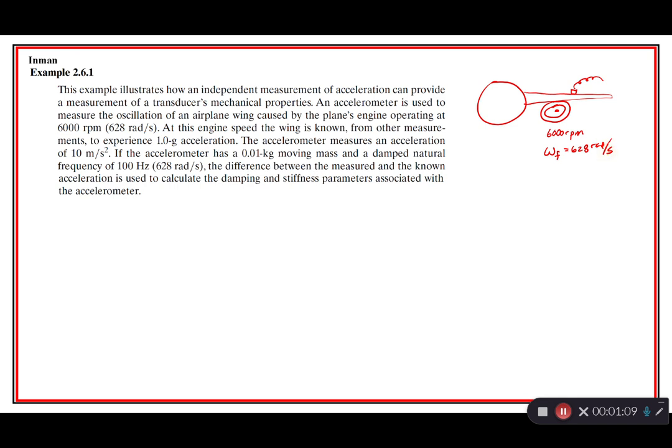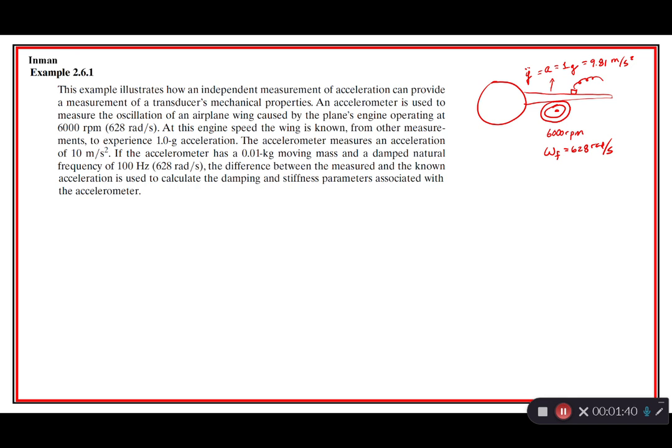At this engine speed, the wing is known from other measurements to be experiencing an acceleration equal to 1g, or 9.81 meters per second squared, and that's going to be equal to, from our way of thinking, y double dot. So this is the base motion, and now we're going to see what the accelerometer picks up.